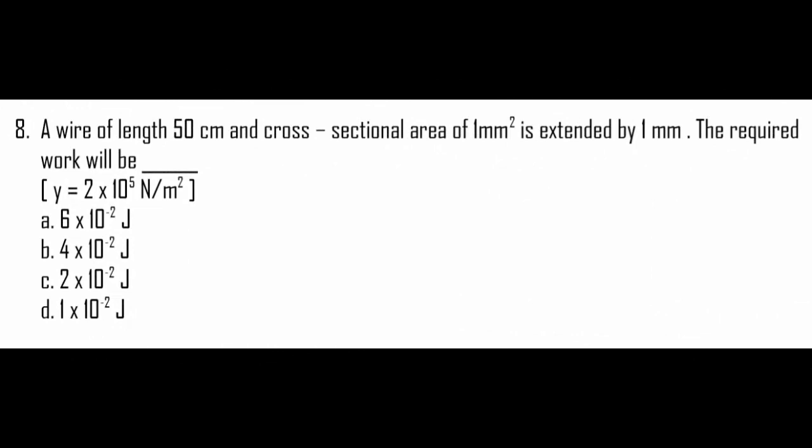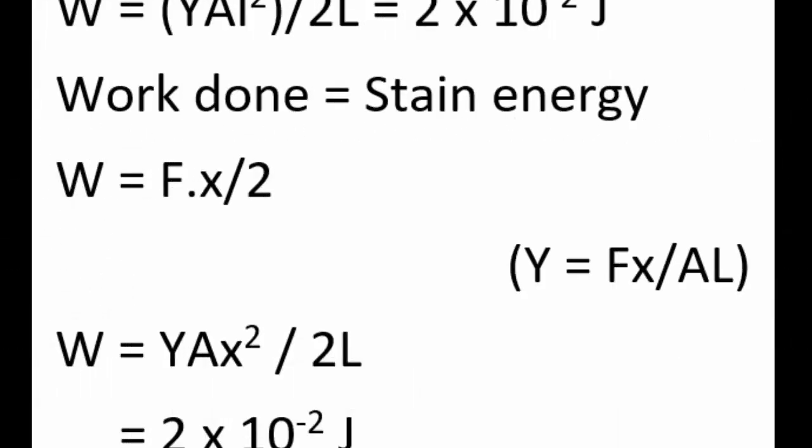Question number 8. A wire of length 50 centimeter and cross-sectional area of 1 millimeter square is extended by 1 millimeter. The required work will be. Now in 11th standard topic mechanical properties of solids, you must have studied about strain energy, or the amount of work done in stretching a wire.